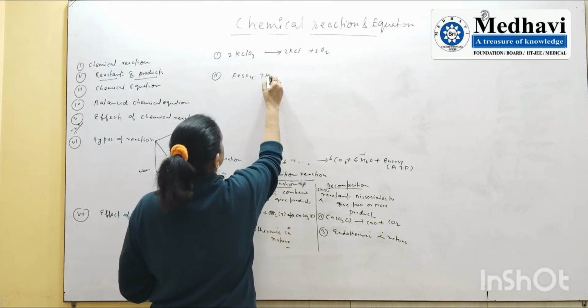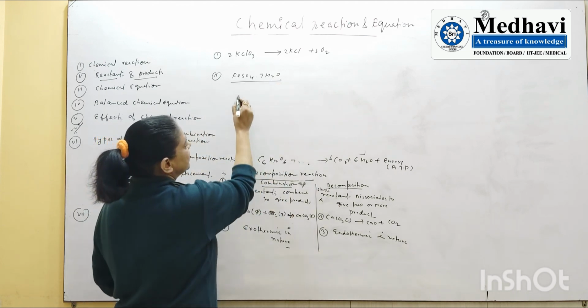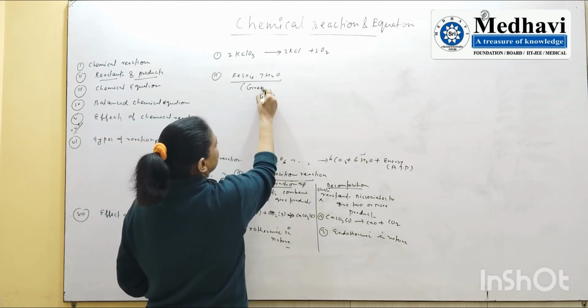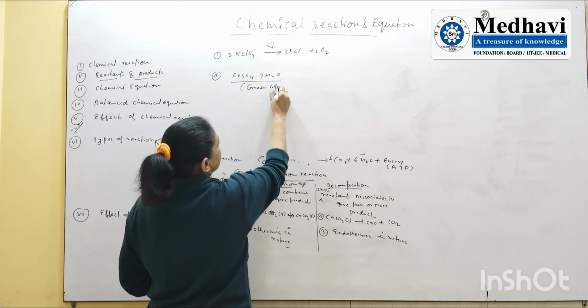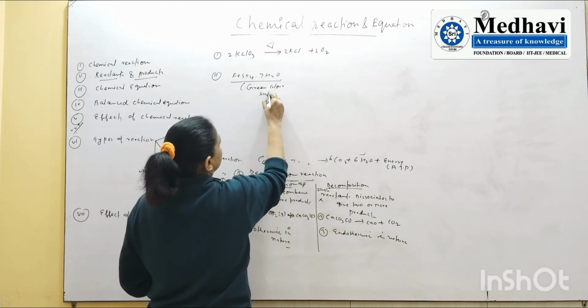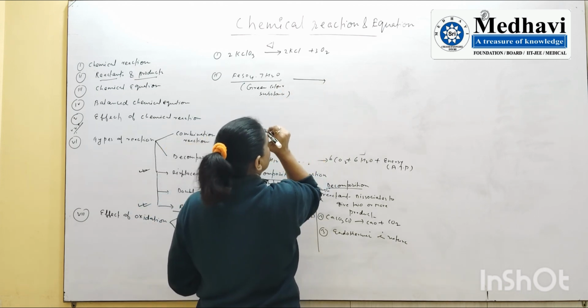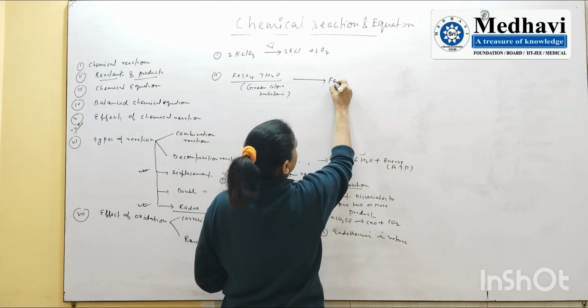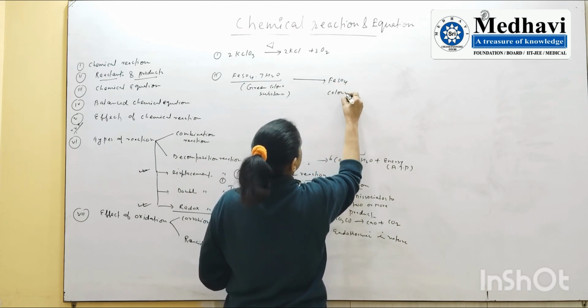Hydrated ferrous sulfate. This is a green color substance. Here we use a single heat. The green color solid, when heated, loses several crystals of water and becomes colorless.